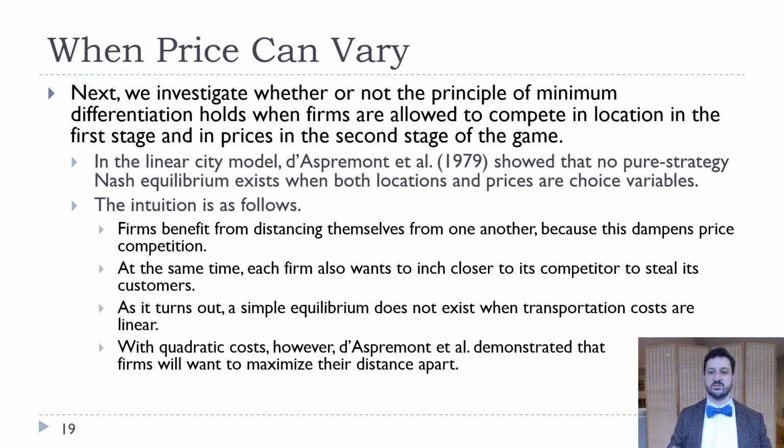And as we said, this is very dependent on having that linear street. So if you solve this with a Salop circle, the firms will locate at either ends of the circle. And if you have more than 2 firms, they'll locate evenly spread apart if they can move costlessly.